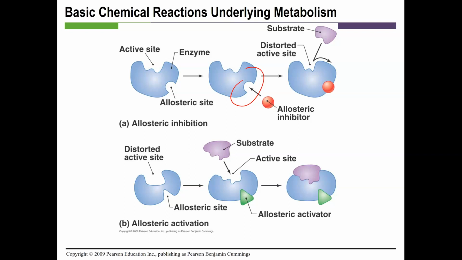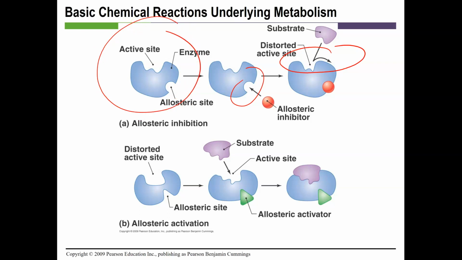As you can see in the image, the allosteric inhibitor binds and causes a conformational change in the enzyme such that the substrate can no longer bind to the active site. Non-competitive inhibitors cannot be overcome by flooding the system with substrate. Only when the inhibitor is removed will the enzyme function again.